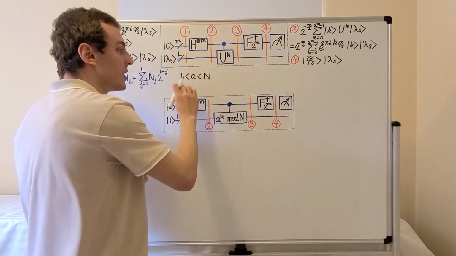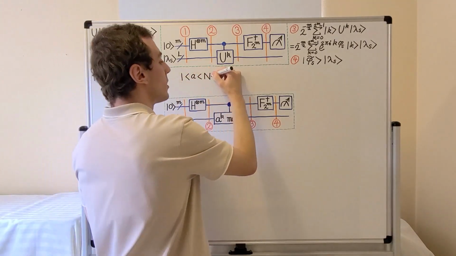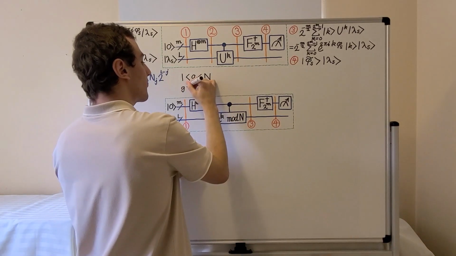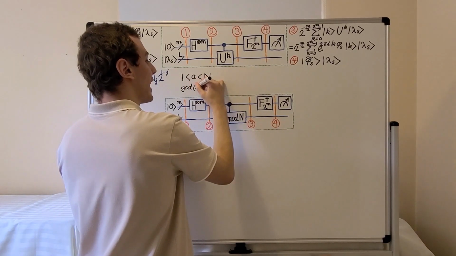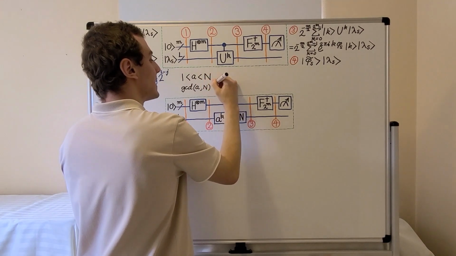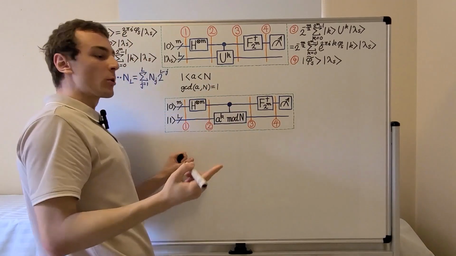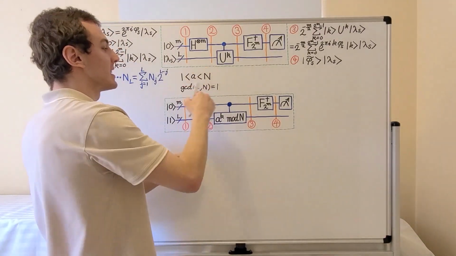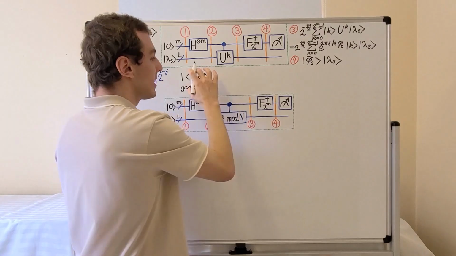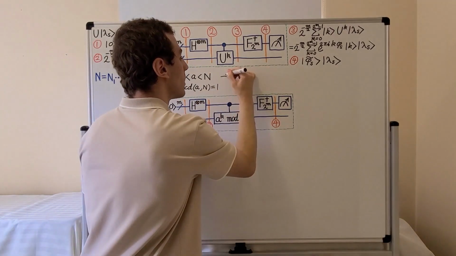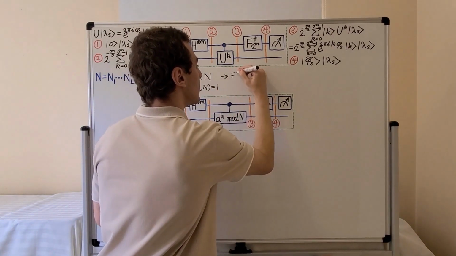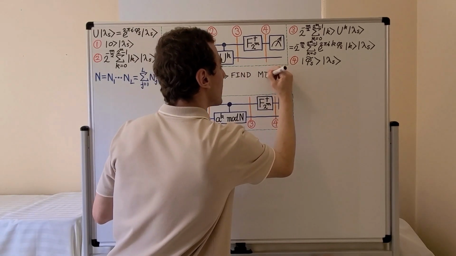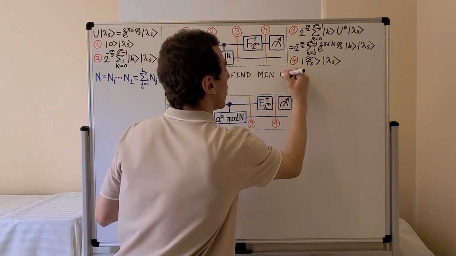So considering this value of a, we also want a to satisfy the condition where the greatest common divisor of a with n is equal to 1. In other words, a and n are co-prime. So this is the kind of a we're looking for. And now, given this scenario, what we want is to find the minimum positive integer r.